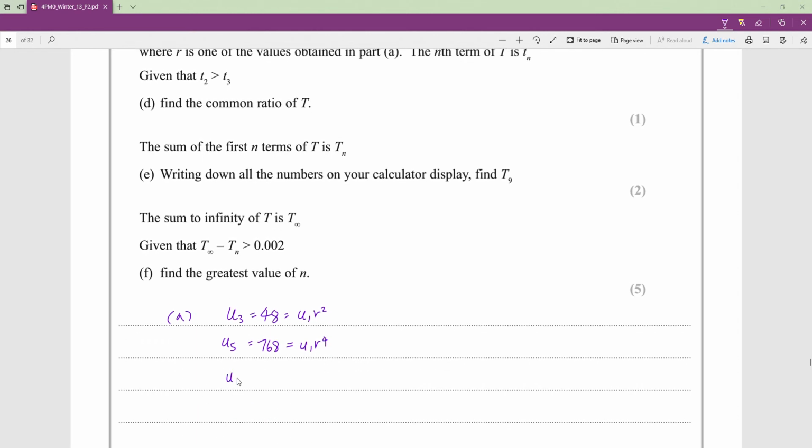So U1 R to the 4 over U1 R to the 2 is equal to R squared, is equal to 768 over 48, which is, let's get a calculator in here.